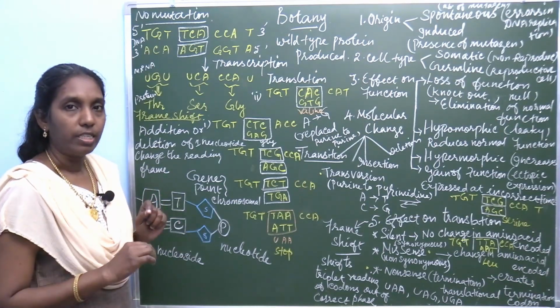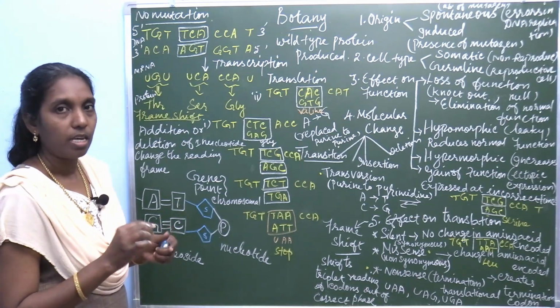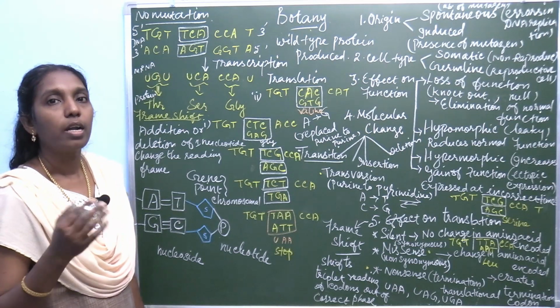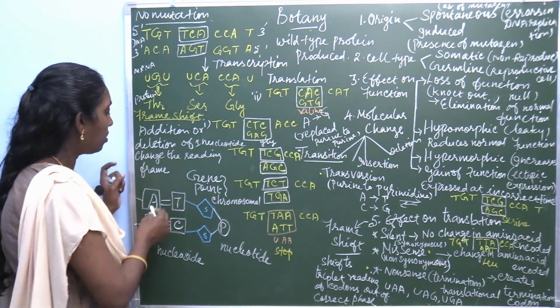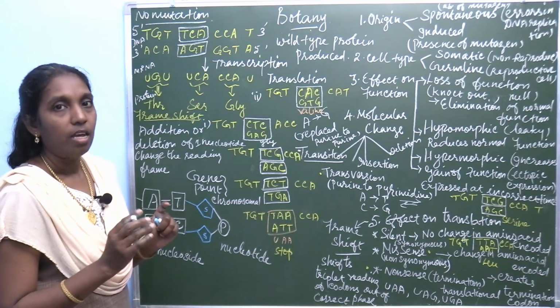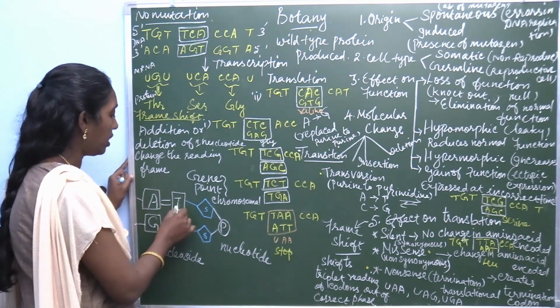In point mutation, the changes take place within a particular base or a base pair, the nitrogenous bases. There is a rule for pairing of these nitrogenous bases.